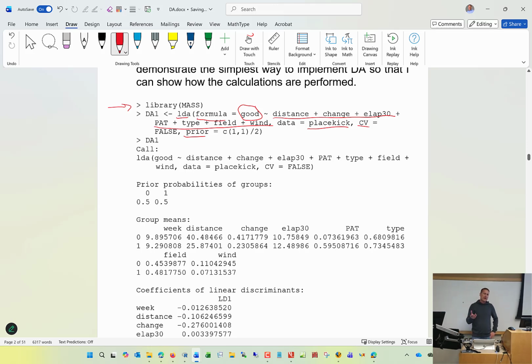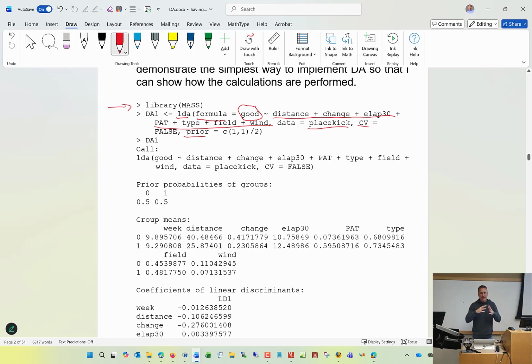But what this basically is saying is, what would you expect the probabilities to be for the failed group and the success group? I didn't word that very well.